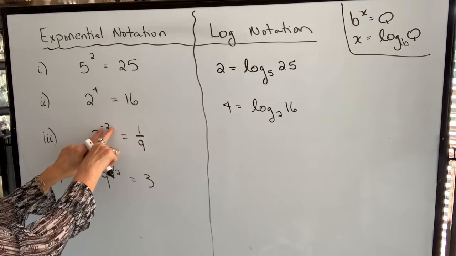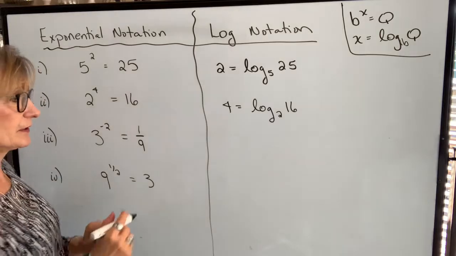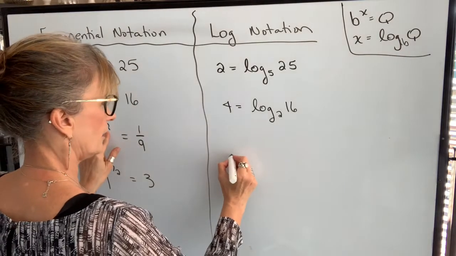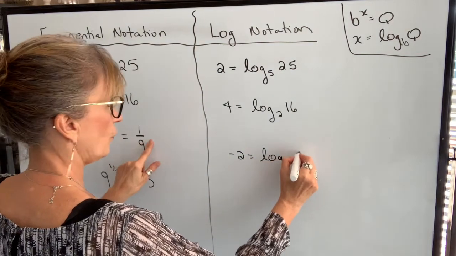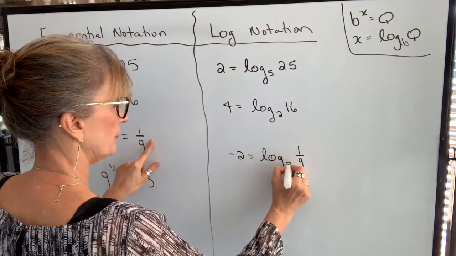We will encounter negative exponents in logs. So in this case, our exponent is negative 2. It will be equal to the log of the quantity 1/9 base 3.